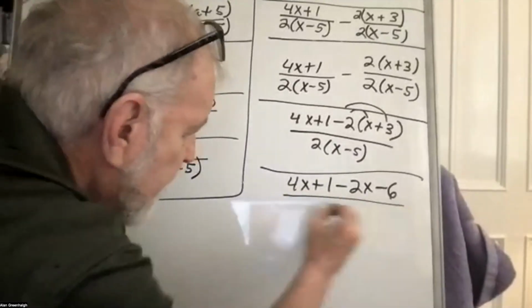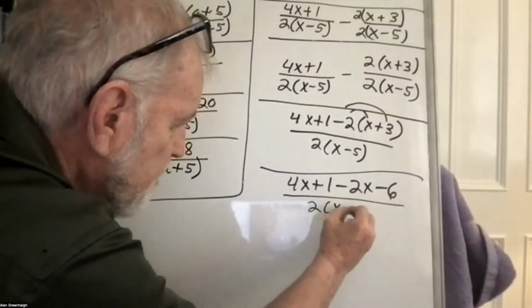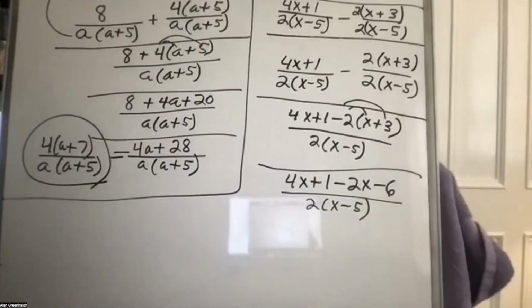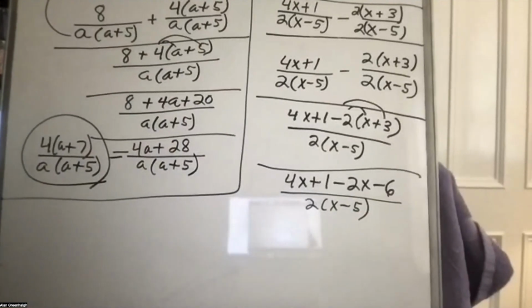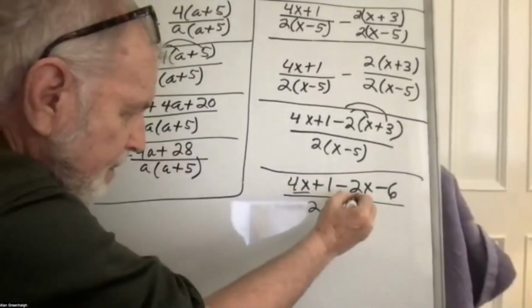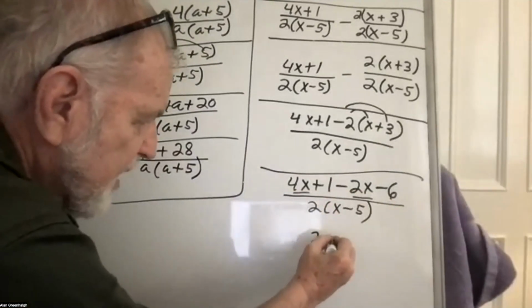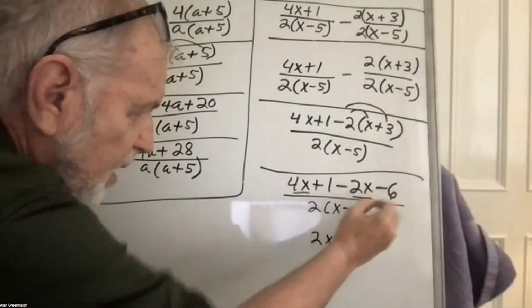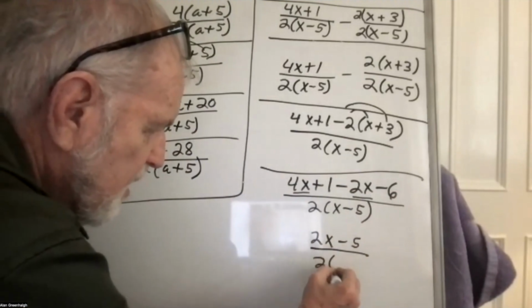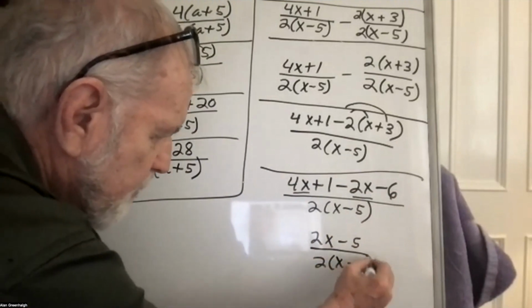And divided by 2x minus 5. In the numerator, combine like terms, you get 2x minus 5 over 2 times x minus 5.